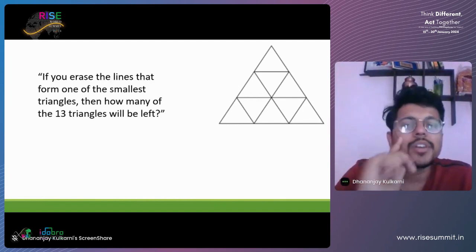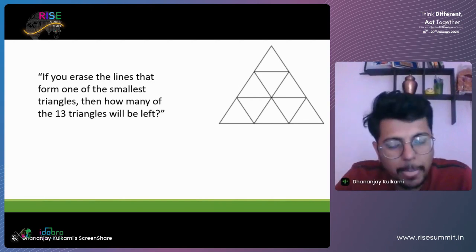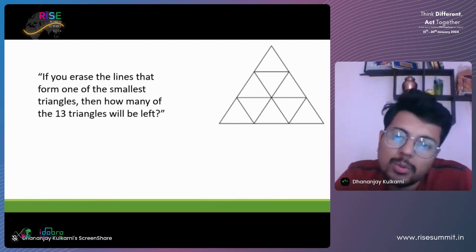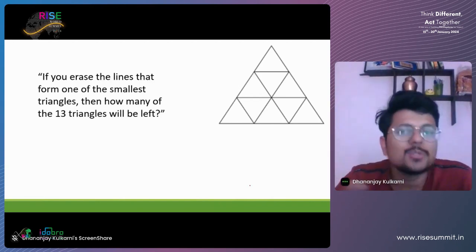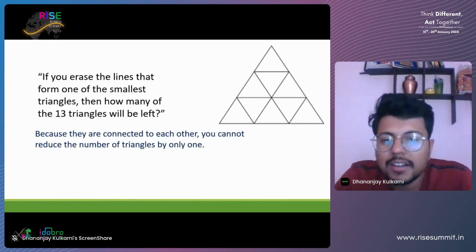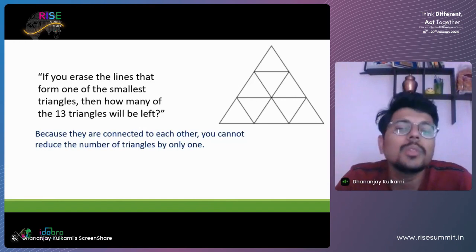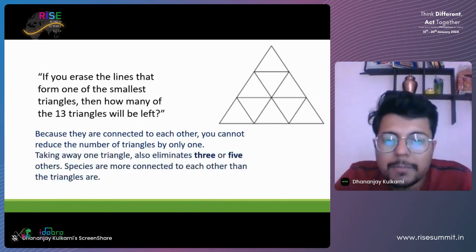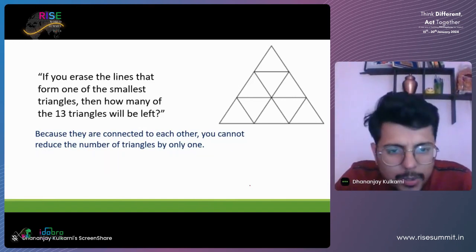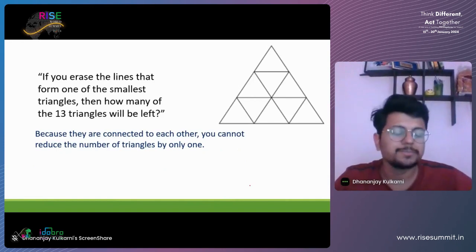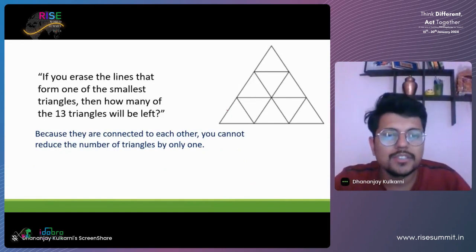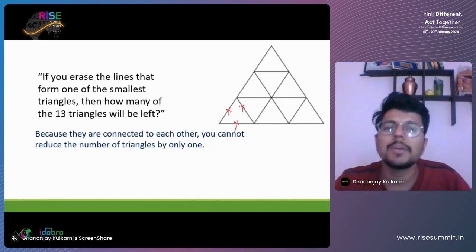If you remove one of the triangles, the answer is not 12 triangles, because they are connected with each other and you cannot reduce only one triangle. If you try to remove any one triangle, you can just see. Let's say I want to remove this triangle. If this triangle is gone, these 3 lines will be gone, right?